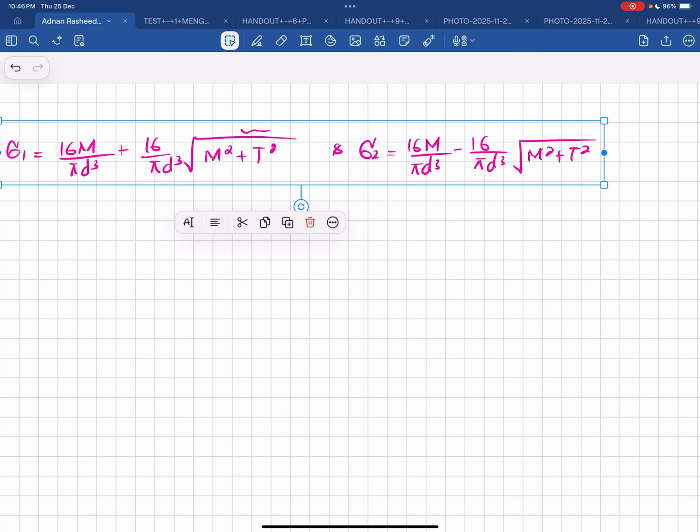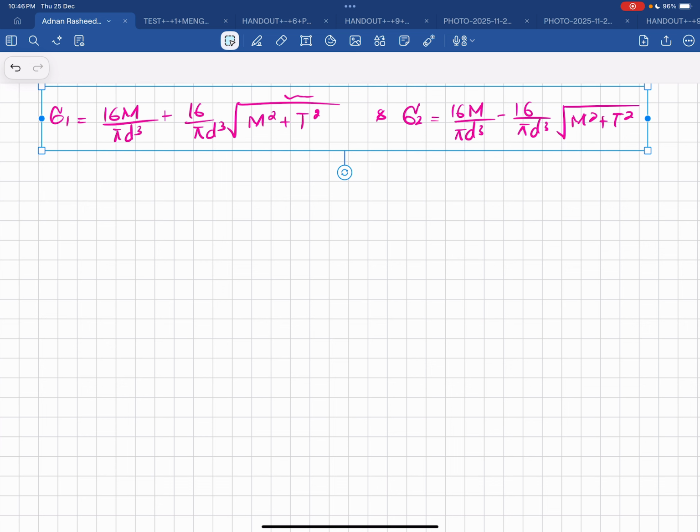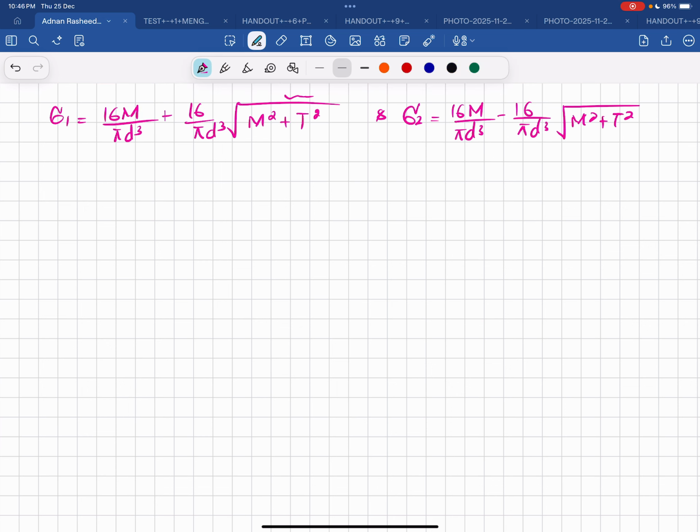Okay, so we have this equation and we have been given that both sigma 1 and sigma 2 have opposite signs. So it means that sigma 1 is a positive value and sigma 2 will give you a negative value.